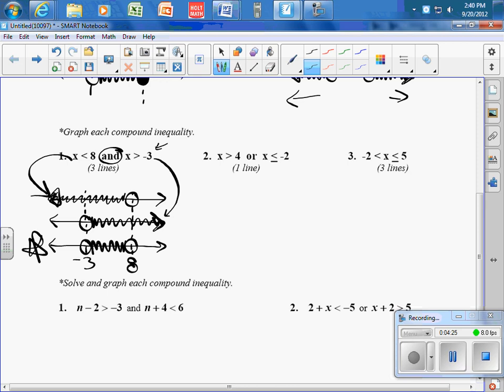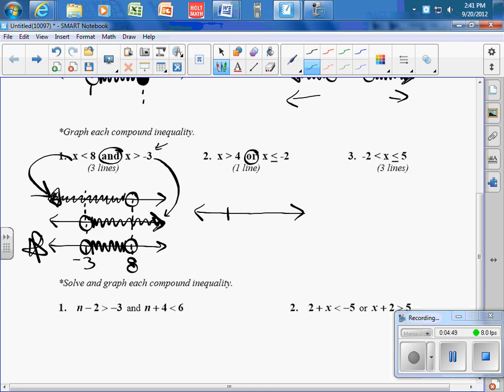In number 2, I want to know a number that is either greater than 4 or less than or equal to -2. Give me a number that is greater than 4 or less than or equal to -2. To graph this inequality, all it takes is one number line.